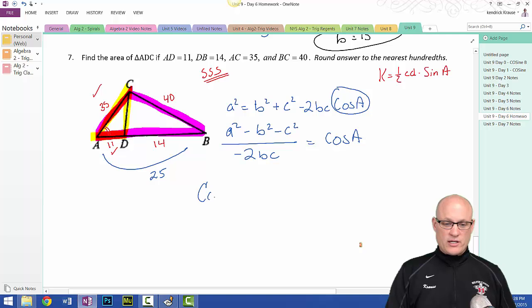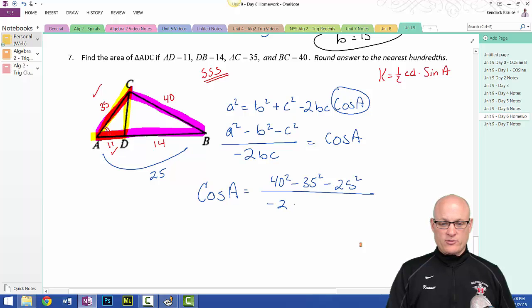So cosine A, let me type all this stuff in, is equal to, now A is 40, so that's 40 squared, minus B is 35, that's 35 squared, minus C, now C is that whole side, it's 25 squared, all over minus 2 times 35 times 25.